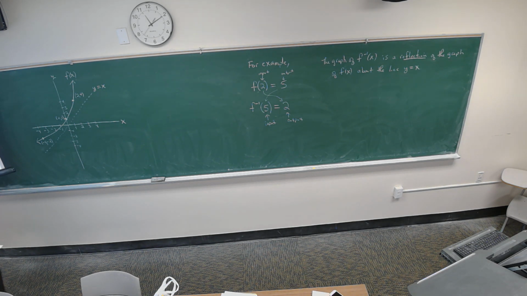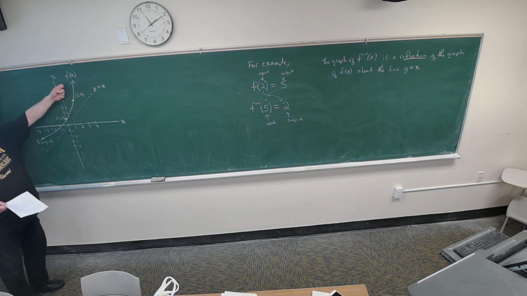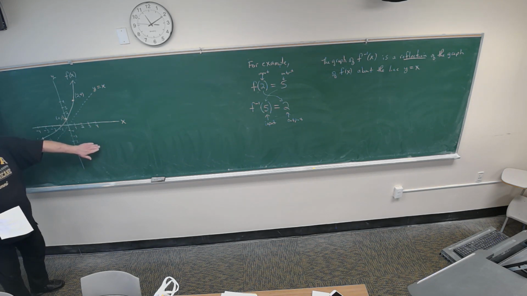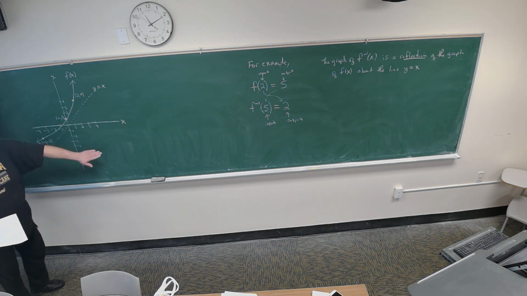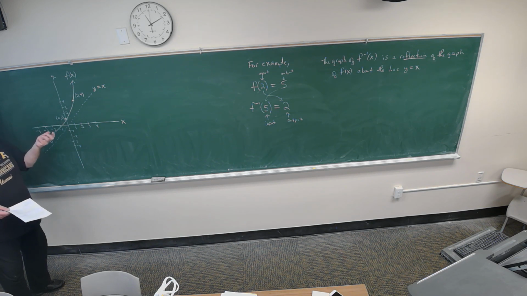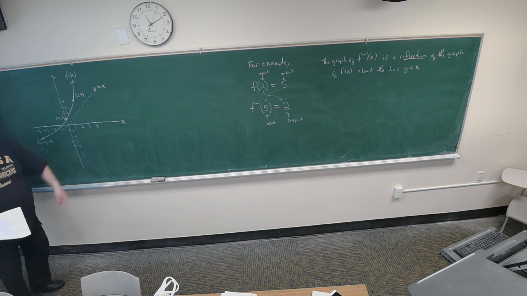Now, to graph the inverse function, we've got to flip it over this diagonal line to get the graph of the inverse function. You maybe remember from high school how you would do that. All you've got to do is take these points on f of x and switch the x and y coordinates, and then plot those points, and you have the graph of the inverse function.